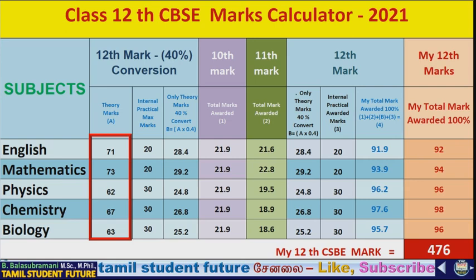English and Maths are out of 80 marks, Physics, Chemistry, Biology out of 70 marks.